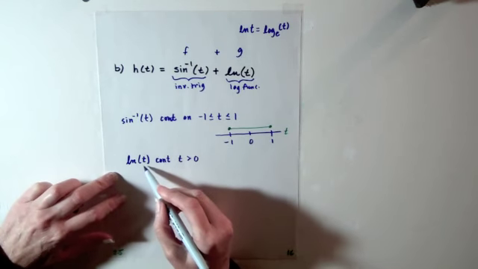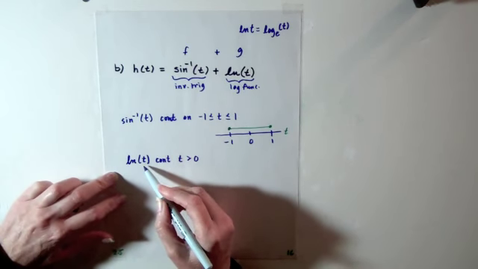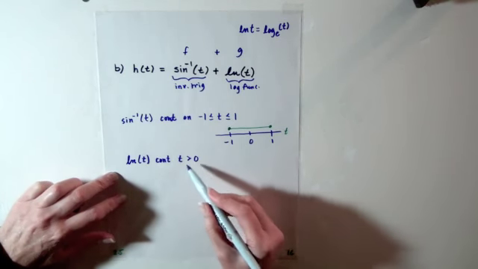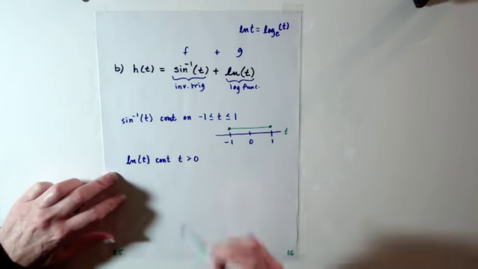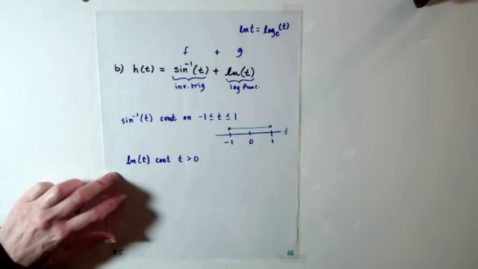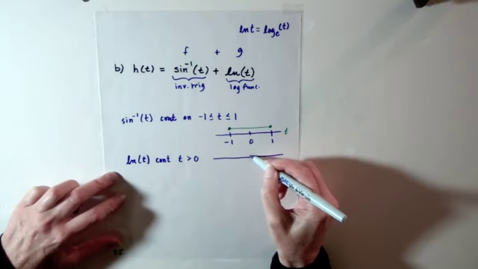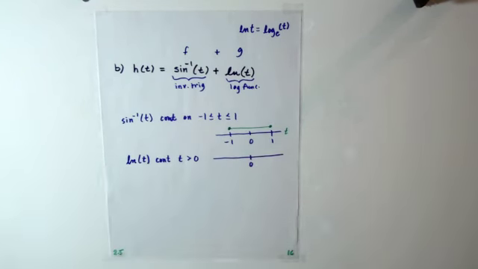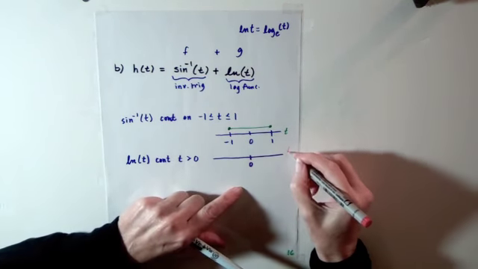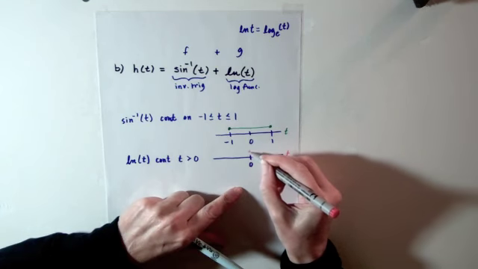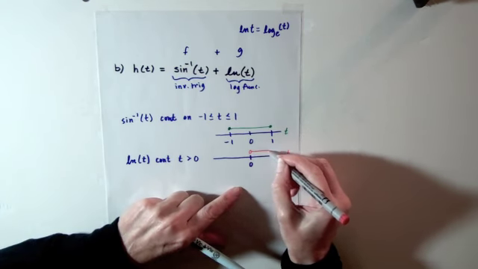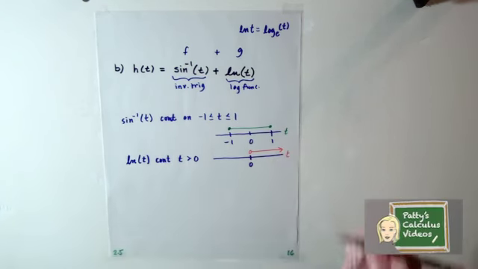Remember that we can't put a negative value into an ln function, and we cannot put 0 into an ln function, but we can put in any positive real number t into ln of t. So let's go ahead and just draw a picture for what its interval of continuity would look like. And ln of t will be continuous for any t values that are greater than 0.